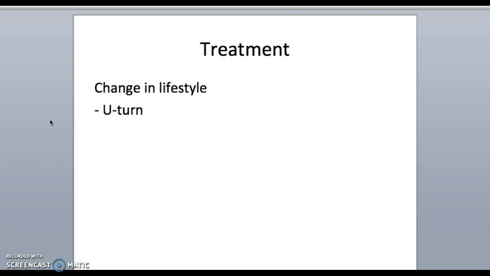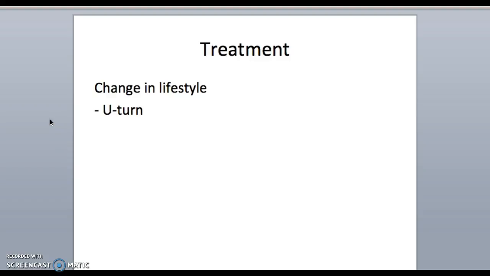And the treatment of the disease is a change in lifestyle, because you develop type 2 diabetes through a bad lifestyle. So by training and eating healthy, you can actually treat yourself from this disease.